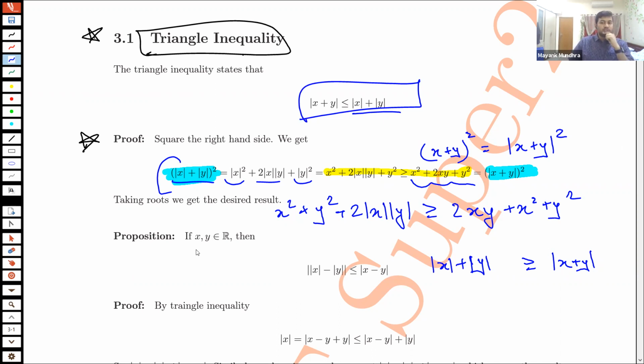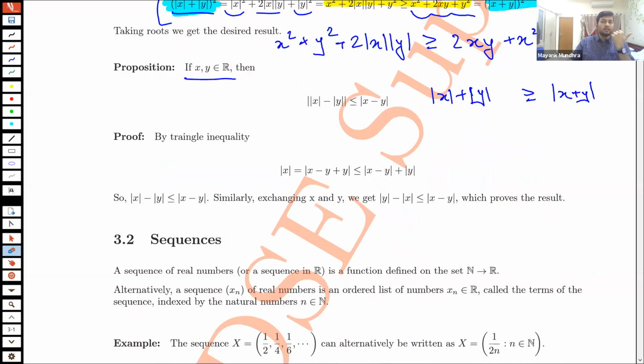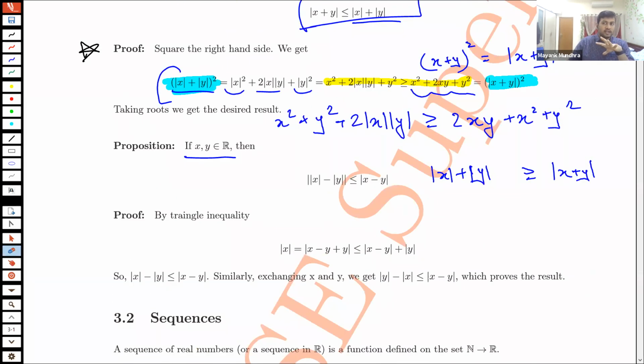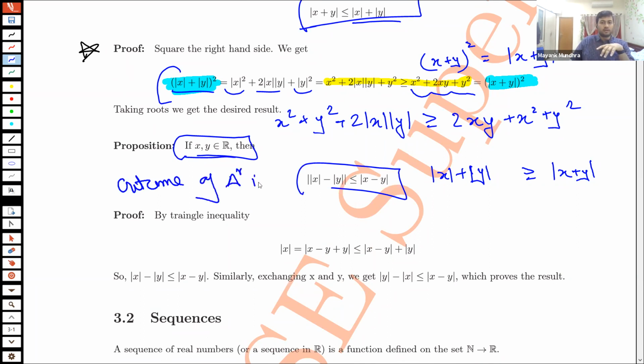Now the next proposition is: if x, y belong to real numbers, then ||x| - |y|| is less than or equal to |x - y|. Now again, if you can't think of any proof, ideally this proposition is an outcome of the triangular inequality.